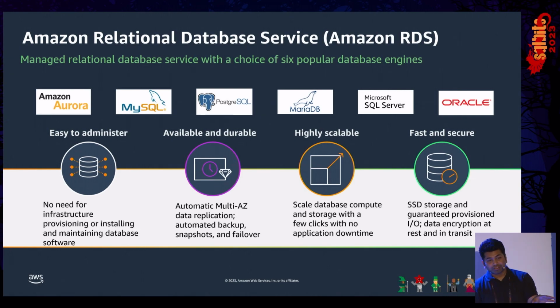So for you as a customer, you simply bring your data, point your applications to the RDS endpoint of any of these databases, and you're good to go. Availability, scalability, patching, upgrades, these things are taken care of by the service itself. All of these features apply to any of the engines that you choose, right? So this is the first one.